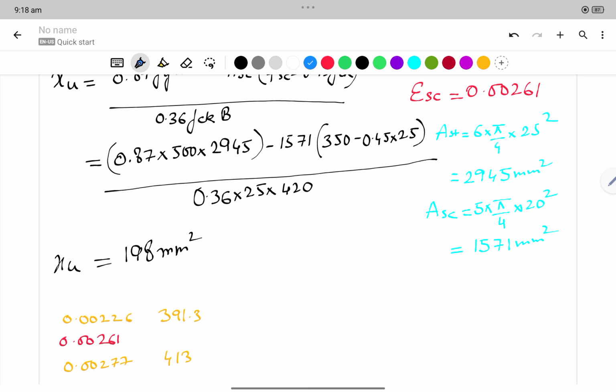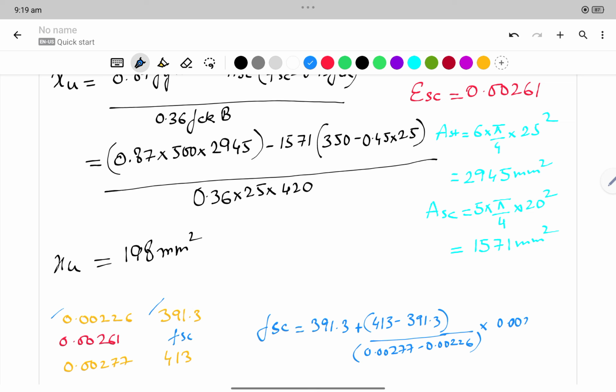See how we can do for FSC. So FSC is equal to this value, 391.3 plus 413 minus 391.3 divided by 0.00277 minus 0.00226, bracket, into 0.00261 minus 0.00226.